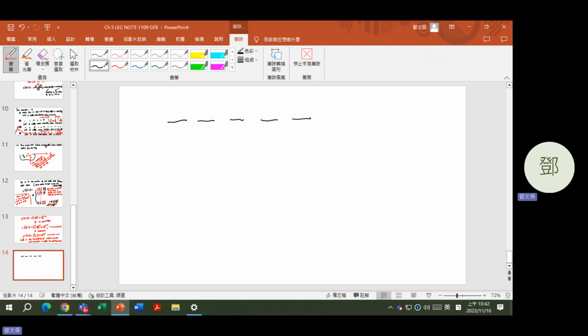And you choose 3 of them to place success and 2 of them to place failure, right? So how many ways can you choose 3 out of 5?